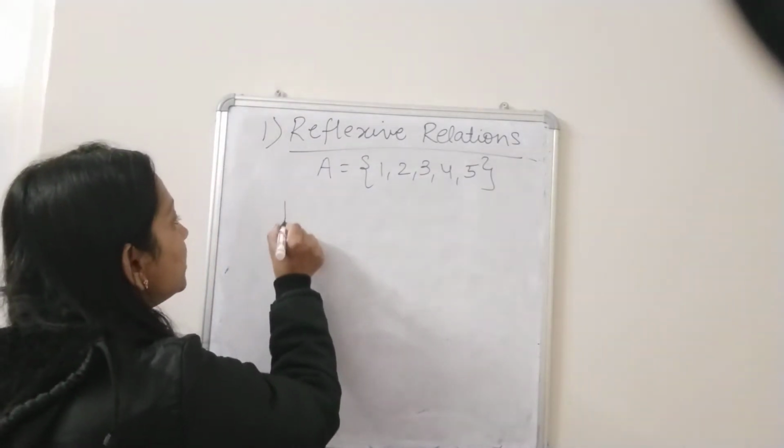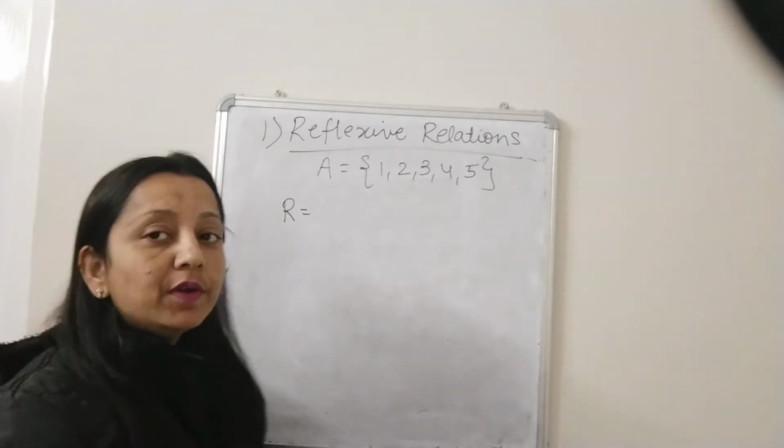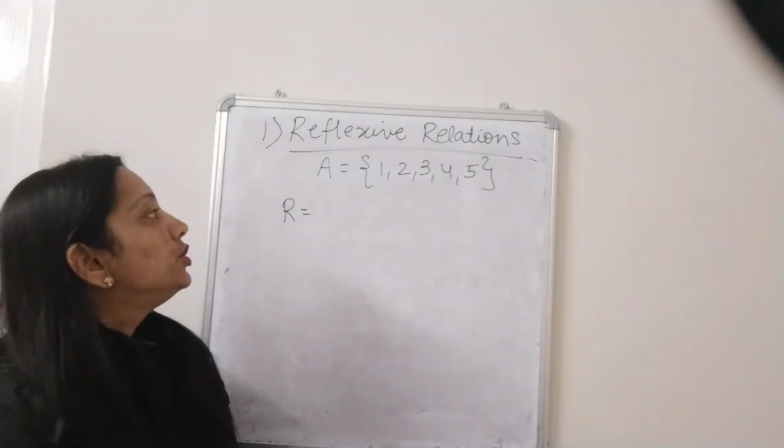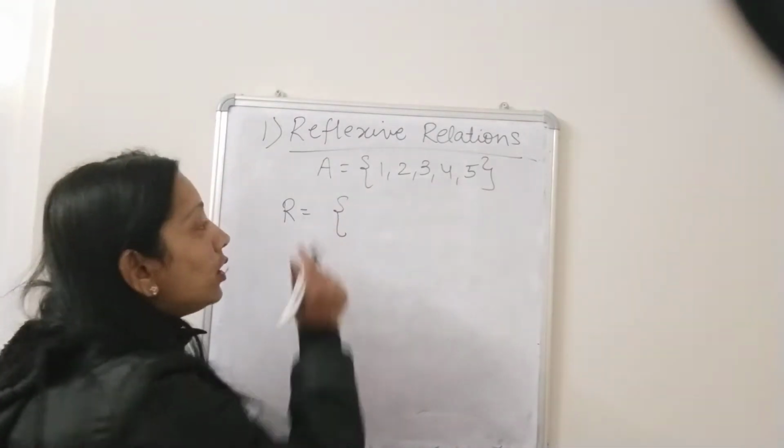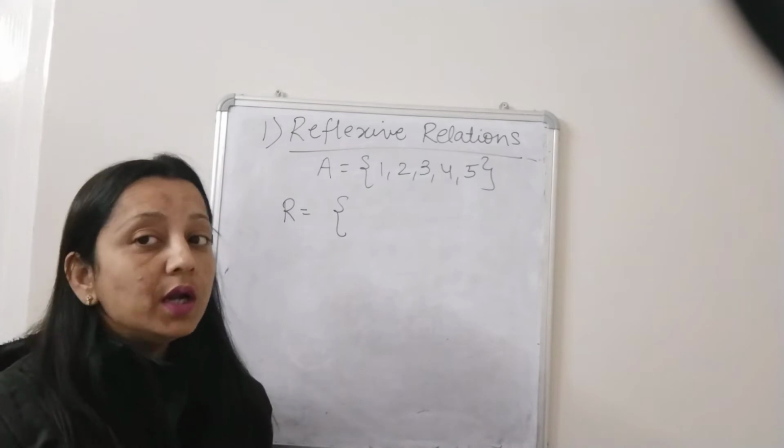Now if a relation is from set A to itself, then on what basis will this relation be called reflexive?